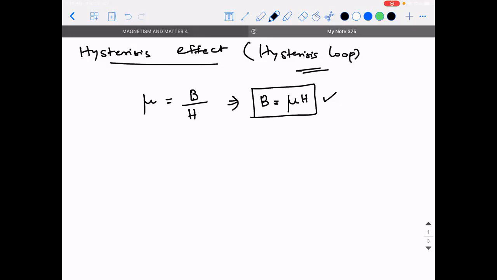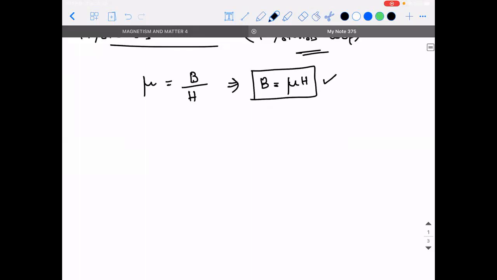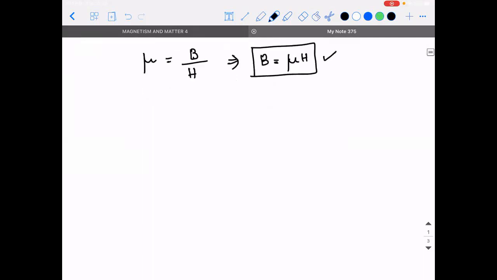Now I have a question. B is magnetic induction, H is magnetizing field intensity. Correct? In this expression, which is the input quantity and which is the output quantity? B is input, sir.